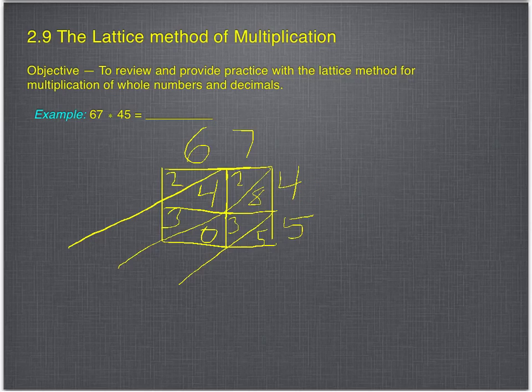I'm multiplying only single-digit numbers. So that's one big advantage lattice has over long multiplication. And the same thing for partial products. Okay? So we're looking at the basic math facts. That has a definite advantage.